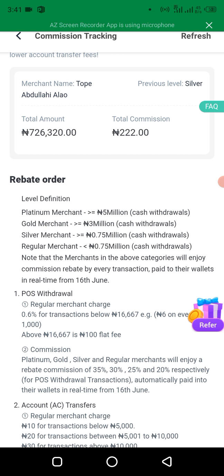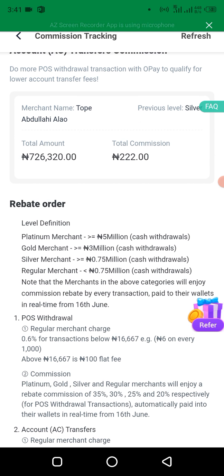For gold merchants, if you do 3 million naira and above, up to 4,999,000, you are a gold merchant. Then the platinum merchant is if you are doing 5 million and above. And the higher the level, the higher your commission will be.